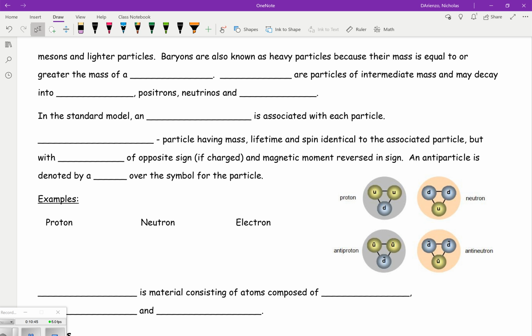Baryons are also known as heavy particles because their mass is equal to or greater than the mass of a proton. Now, a meson is going to kind of fall in the middle. They're particles of intermediate mass, and they may decay into electrons, positrons, neutrinos, and also photons.